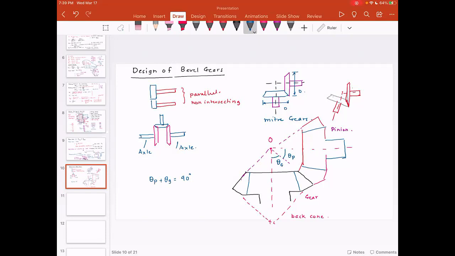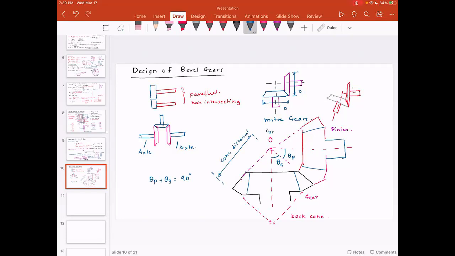And there is something called the cone distance.